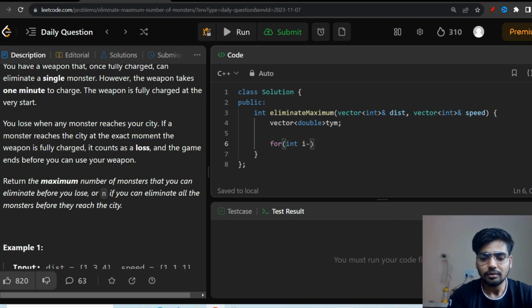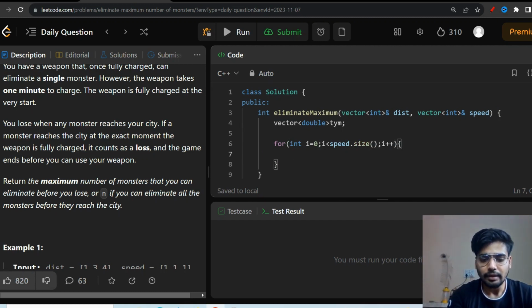Then, speed size i plus plus, and we have to just push back, हम टाइप कास्टिंग कर लेते हैं जिससे कोई दिक्कत ना आए.